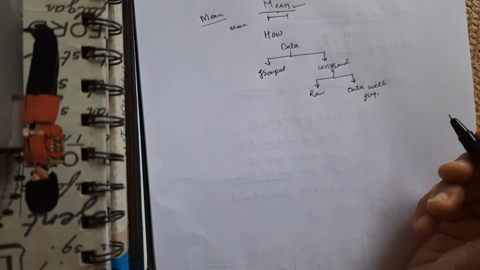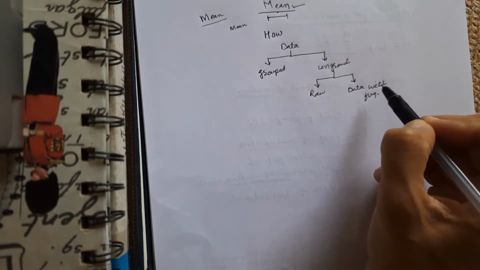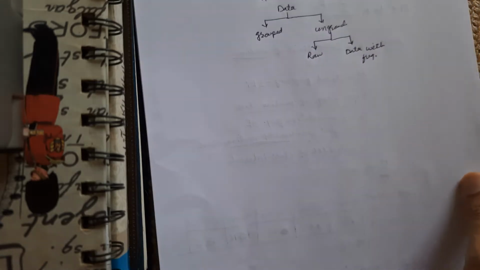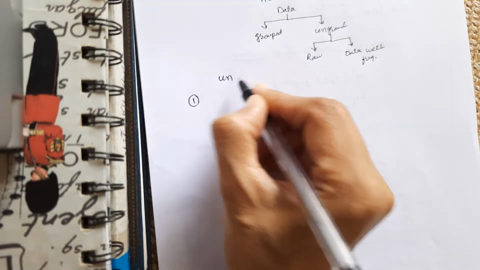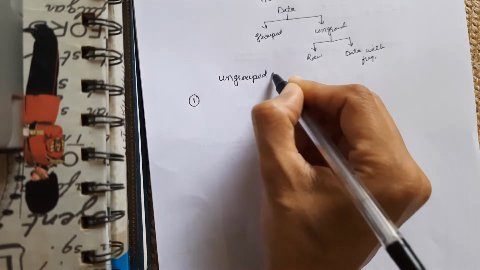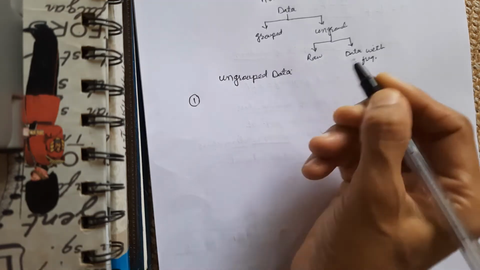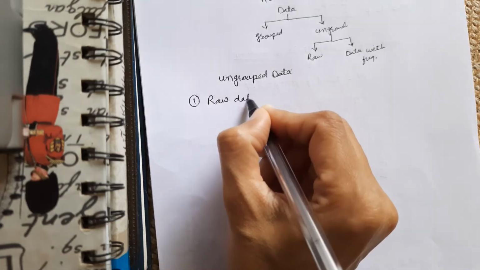So we are going to see how to calculate mean for each of these kinds of data. First we see how to calculate mean for ungrouped data, starting with raw data.